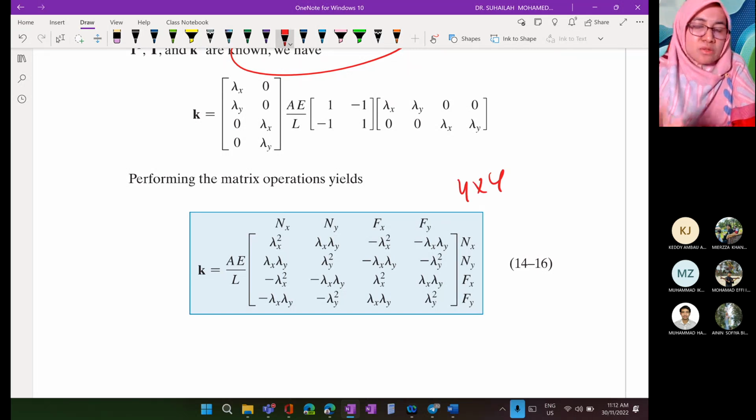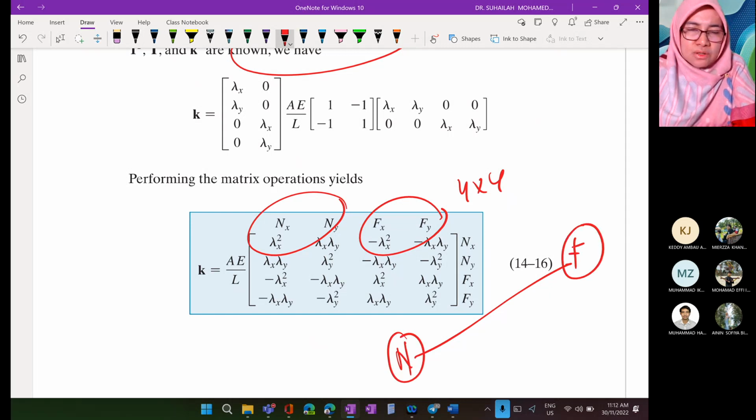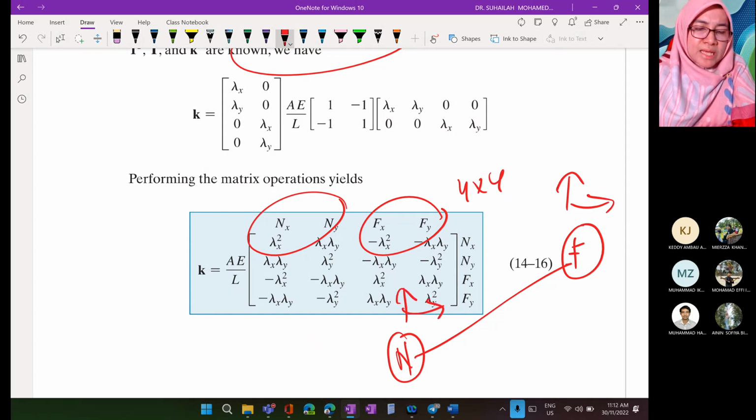Two belong to the near end and another two belong to the far end. Because in one element we have a near end and a far end, and each node has 2 degrees of freedom, in X and in Y for truss. So that is why for the member stiffness matrix we have 4 by 4. It must be 4 by 4 for truss, whereas beam and frame will have a 6 by 6 matrix.